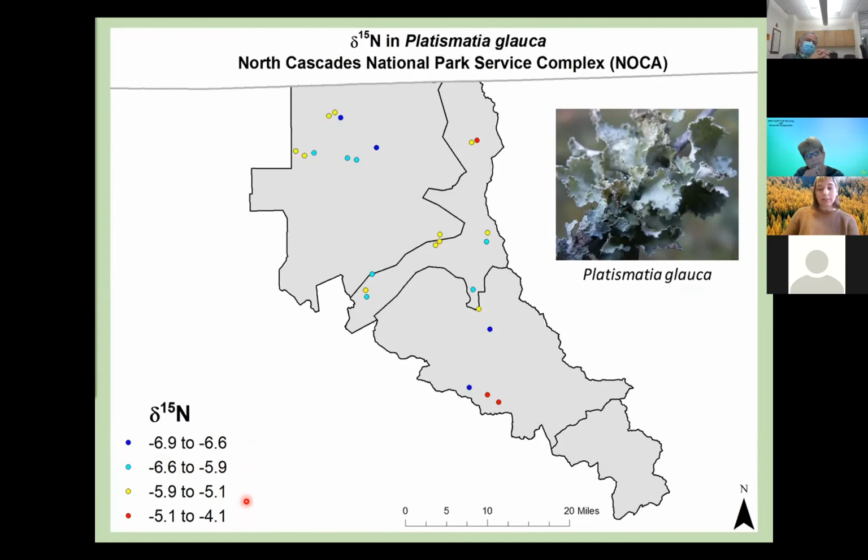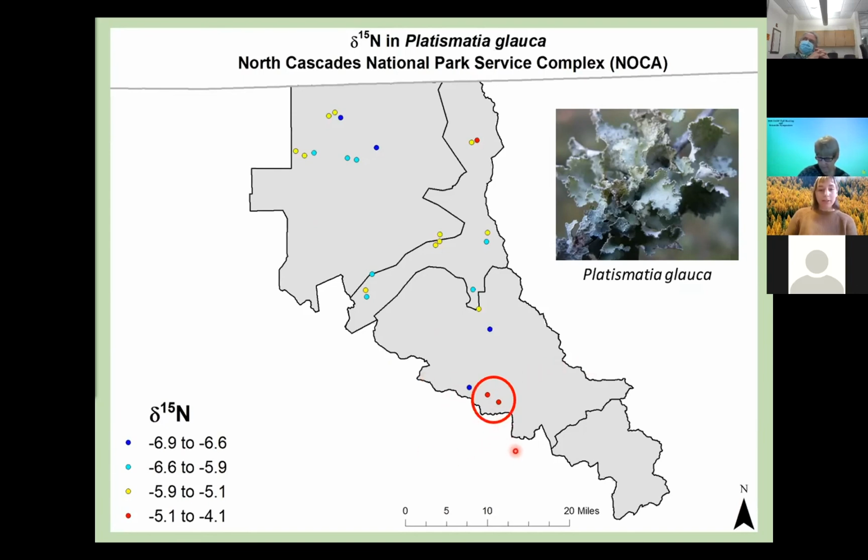We see that delta 15 nitrogen tended to be more positive with increasing elevation, which you could really see here in the northwestern corner of the park, where these 3 transects are going from high to low elevation for those 3 sites. And we also see certain areas of the park that have more positive values, including this Cascade Pass area that I highlighted earlier.